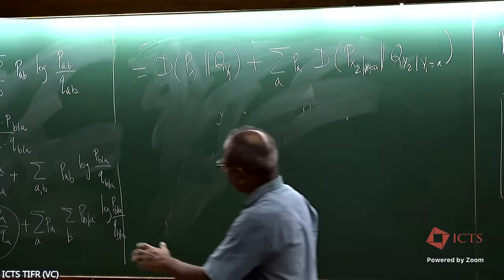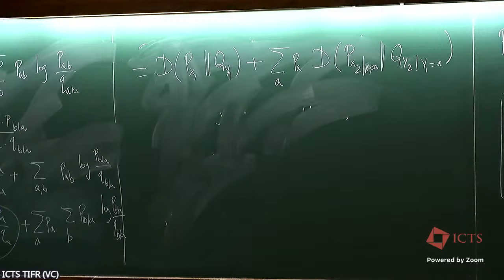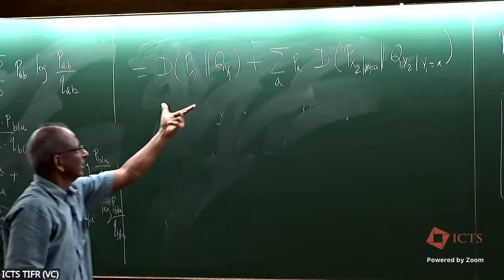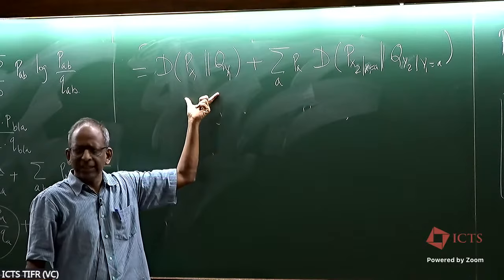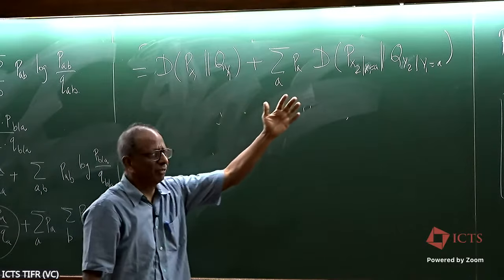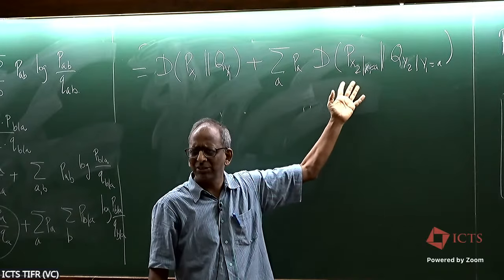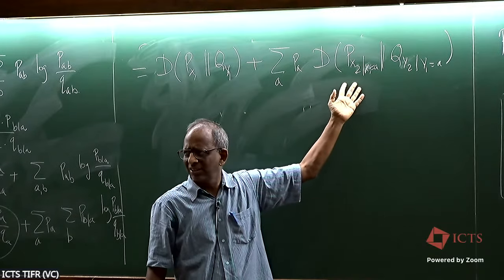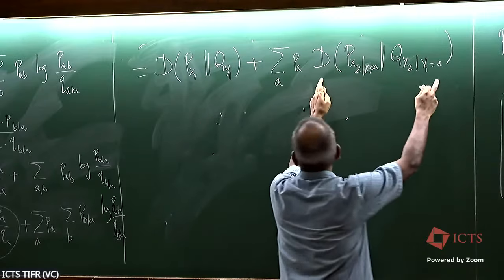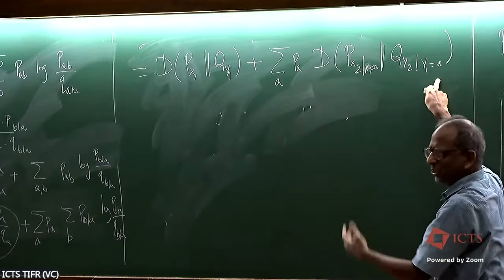So we started with the relative entropy of the composite system, and we took away this system, x2, and we got this relative entropy. And to account for the difference, we get this expectation. What do we know about these quantities? Relative entropy is always greater than or equal to 0.